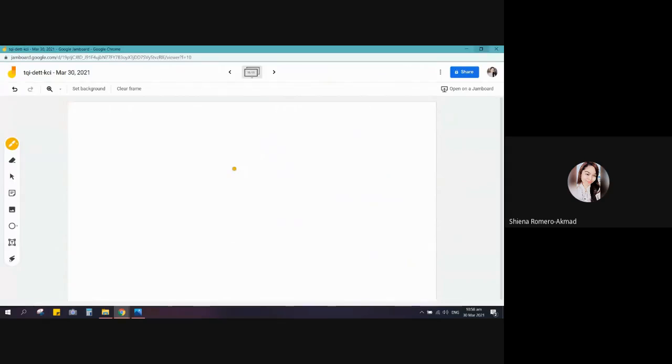Lalo na kapag ang hinihingi ay code. Lumabo yung camera ko. So paano kapag code? For example, ito. In how many ways? Last na to, then you'll answer your worksheet.